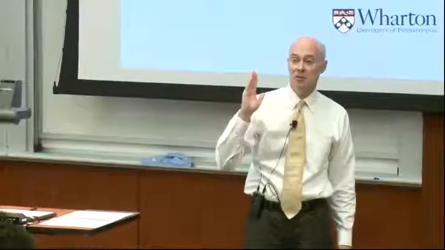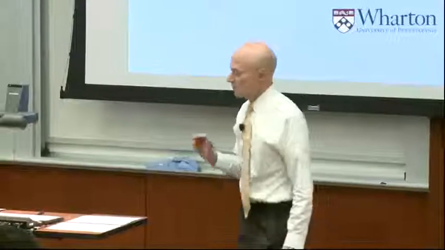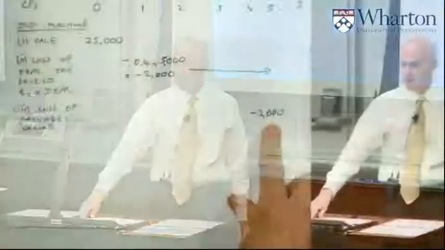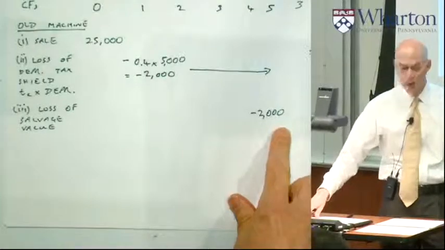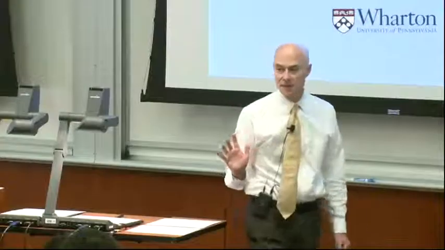So this is what they stated at the start. That's still the best estimate. So if you sell it for book value, what's the taxes? 0. So we don't have any tax effect here. Does everybody understand that? Sell an asset for its book value, there's no gain or loss, and therefore no taxes.